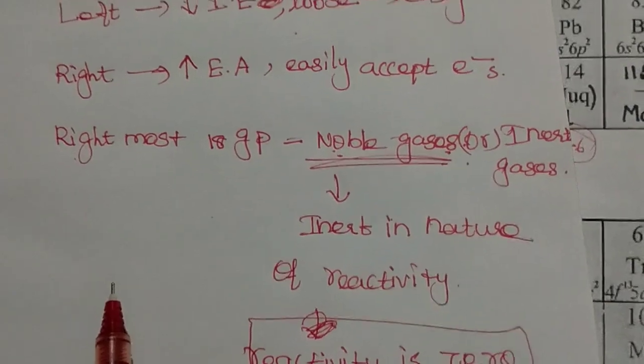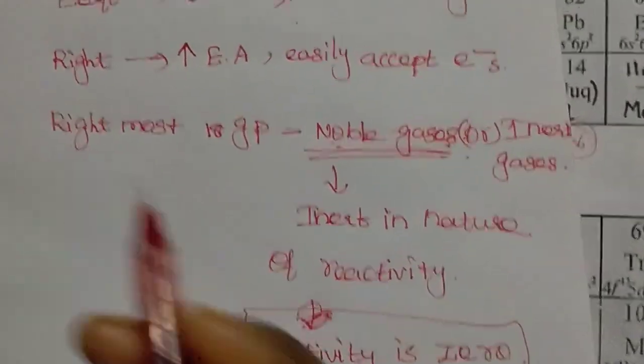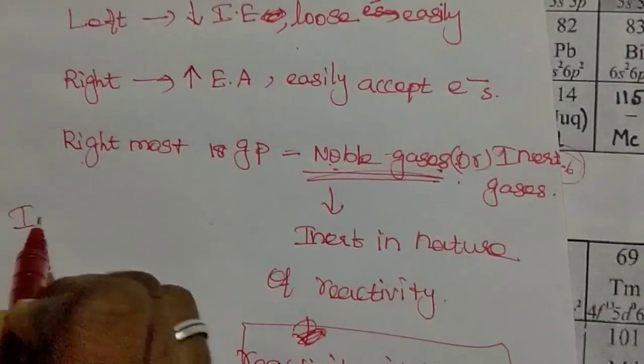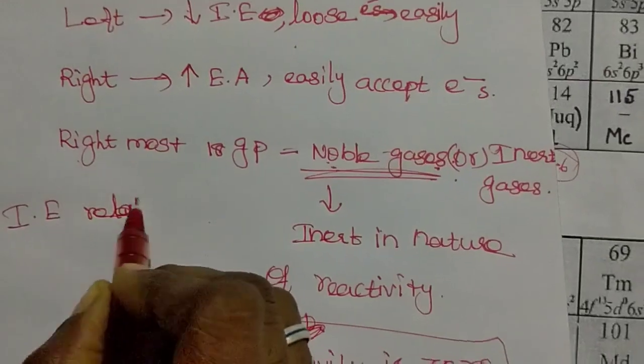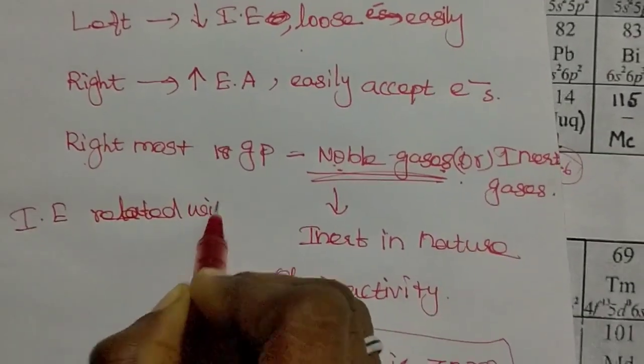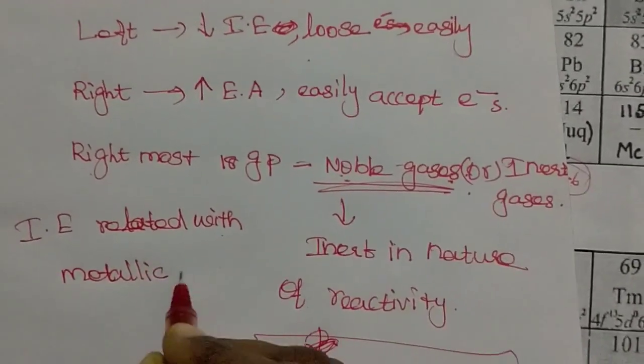Ionization energy is directly related to the metallic character of the elements.